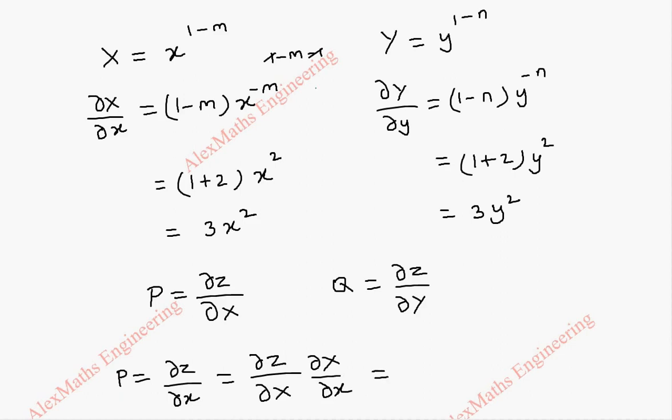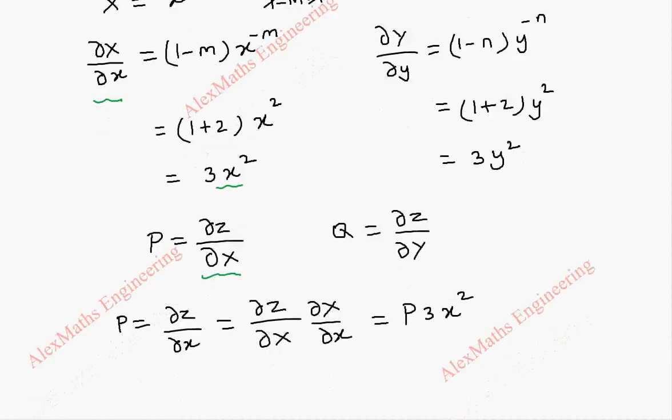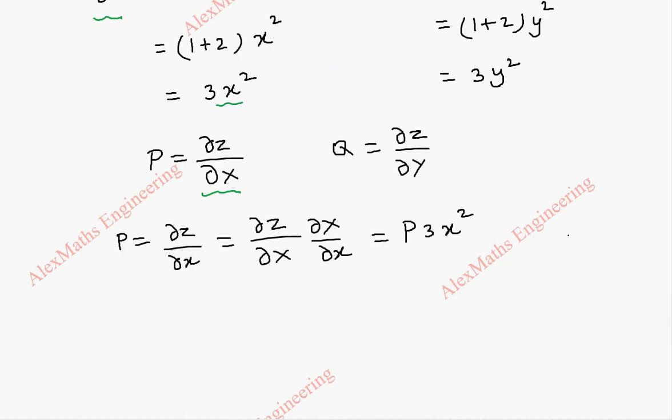Now using this dou X by dou x value and dou z by dou capital X value here, we are going to get this as capital P into 3x square. Now by rearranging this, taking x square to the other side, small p by x square equal to 3 capital P, which implies x power minus 2 into p equal to 3 capital P.